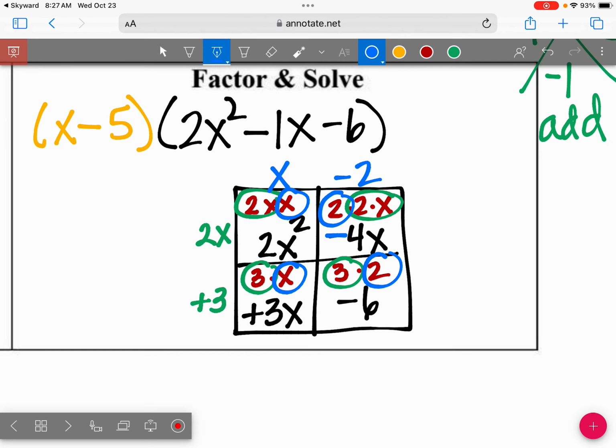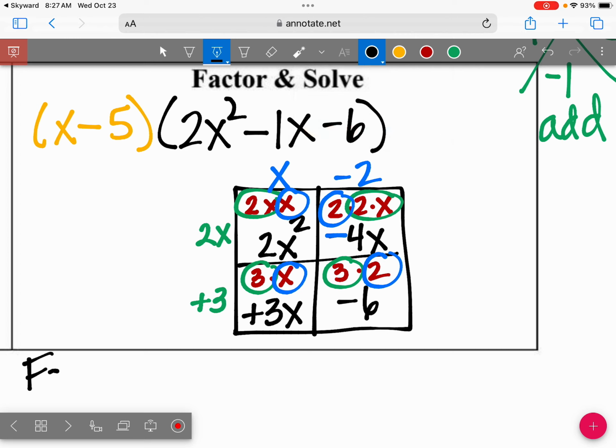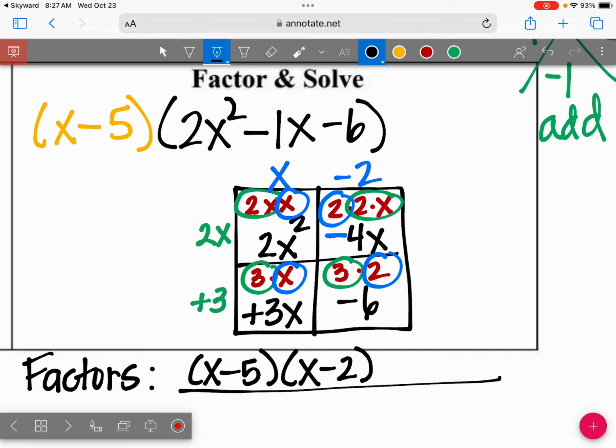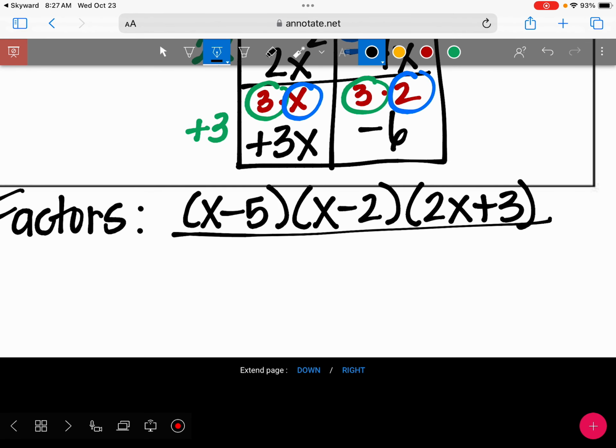So my factors are x minus 5, x minus 2, and 2x plus 3. Let's set all 3 of those equal to 0.